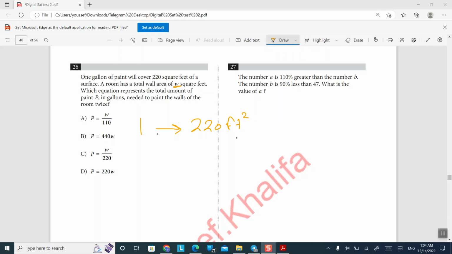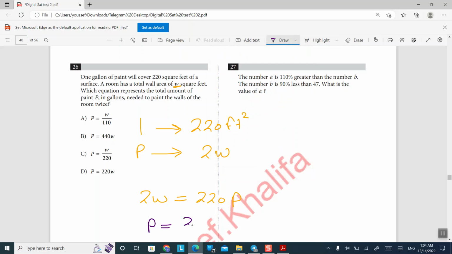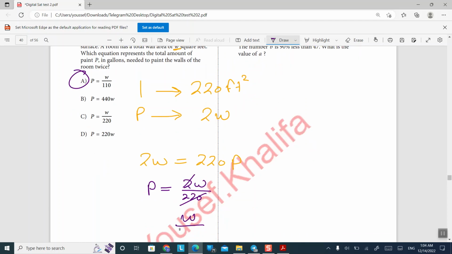Since 1 gallon represents 220 feet, we paint the room twice, so 220P equals 2W. Isolating P, P is equal to 2W over 220, which simplifies to W over 110.